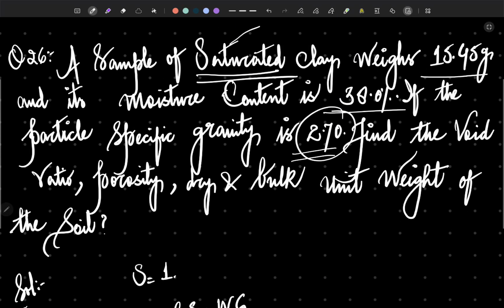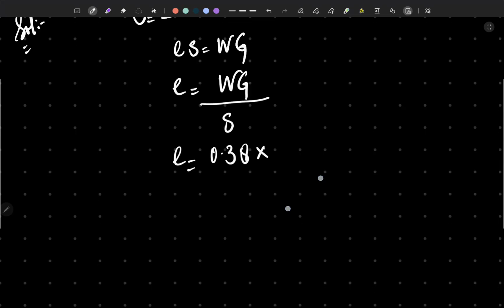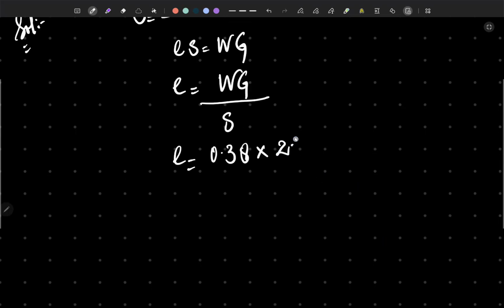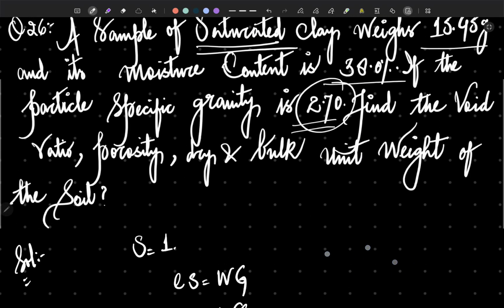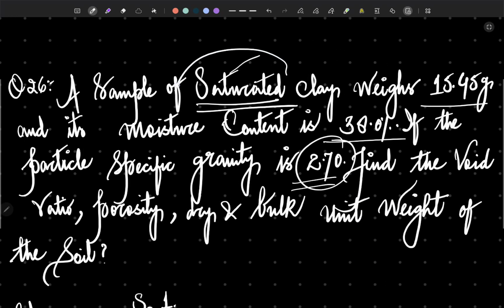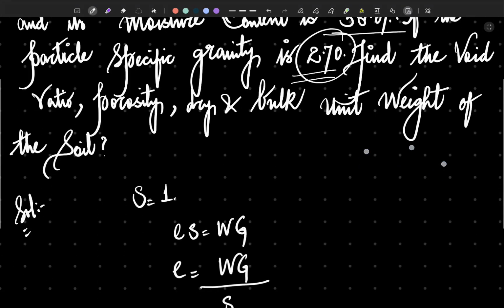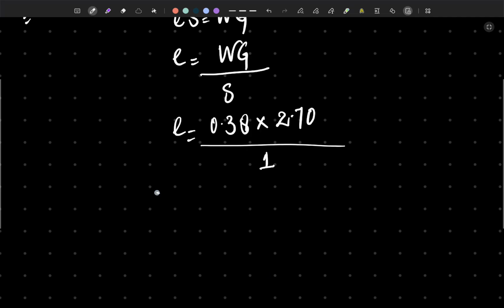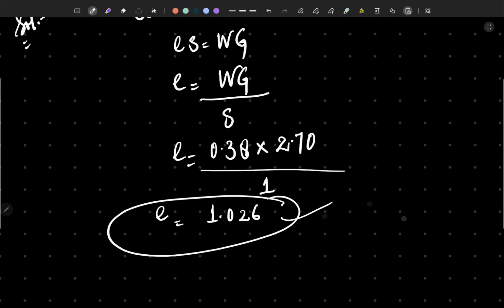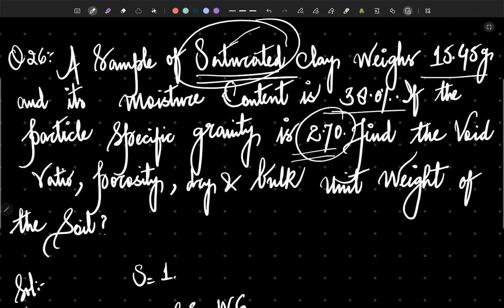G has been given as 2.70, divided by S. S is 1 because the question itself says a sample of saturated clay. There is no air phase, it's completely saturated, all the voids are filled with water. So S is 1. By calculations, void ratio is equal to 1.026. So we have completed the first part, void ratio.